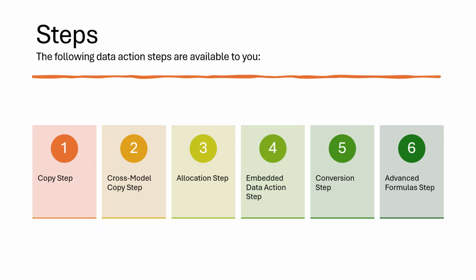Here the limitation is, suppose I'm creating a data action on a model A, then whatever embedded data action I'm trying to embed in this data action should also be based on model A. Same model data actions. It's not like I'm creating a data action on a model B and trying to embed a data action which is based on a model A. No, for embedded data actions the scope is only within the same model.